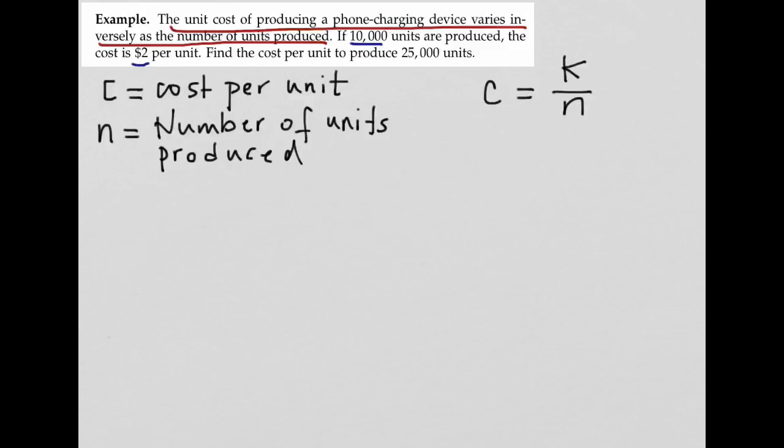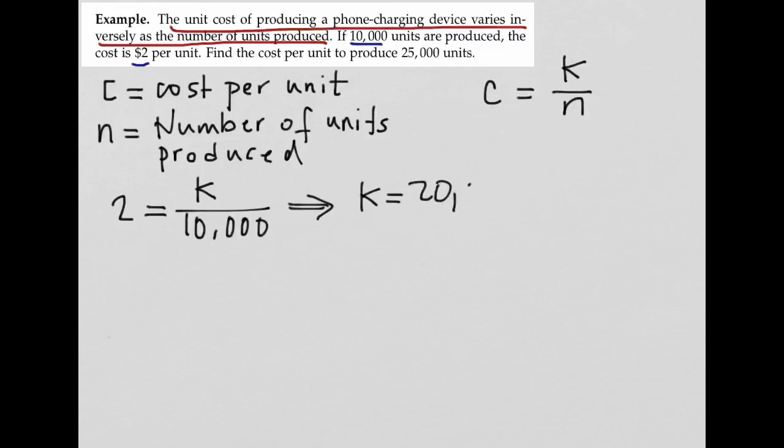This information is useful for finding K. So we write $2 is equal to K over 10,000, which tells us that K is 20,000. Let's update our variation equation to C equals 20,000 divided by N.